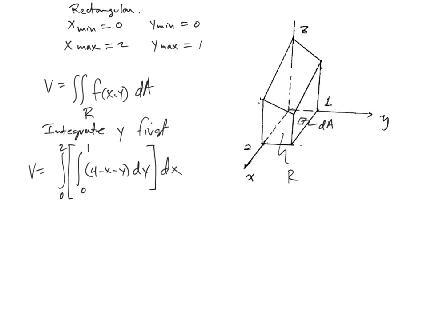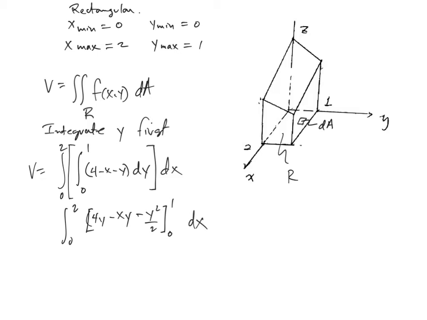We integrate with respect to y. Okay, well, the integral of 4 minus x minus y with respect to y would be 4y minus xy, we treat x like a constant, minus y squared over 2. Right? That is the integral with respect to y. And y goes from 0 to 1. So I did the inner integral, integrated with respect to y. And then we're going to integrate with respect to x later, once we've figured it out.